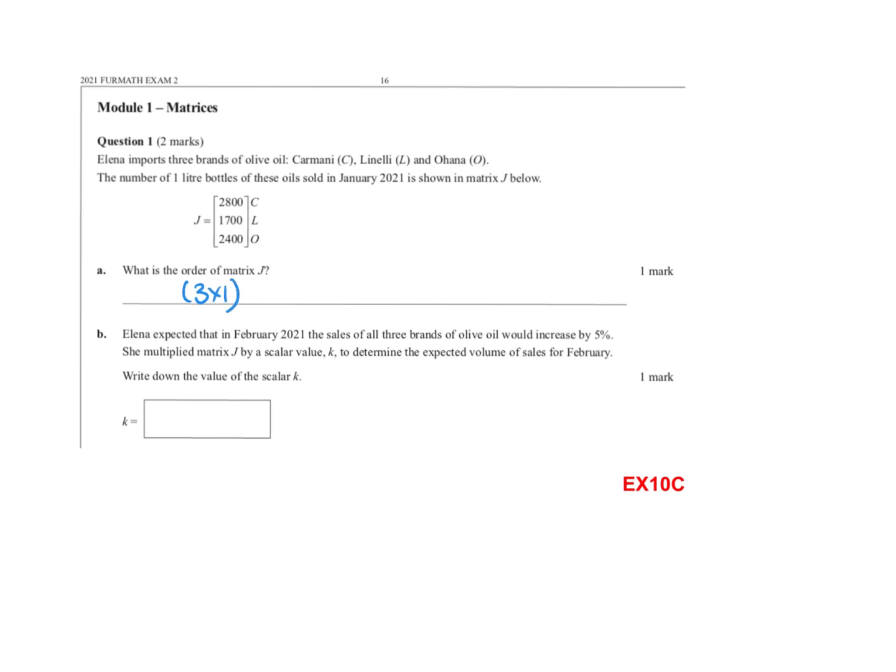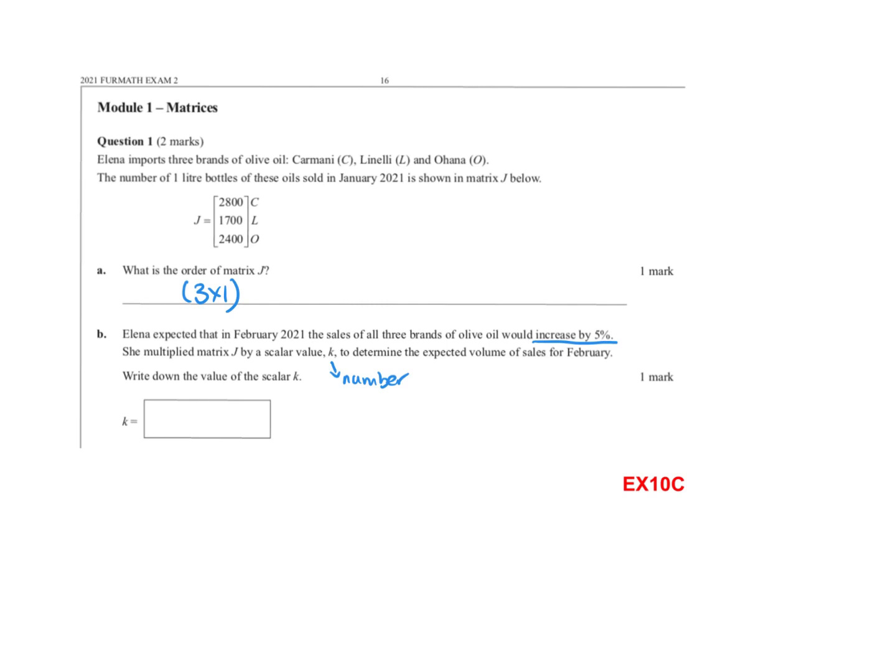Okay, Eleanor expects that in February, the sales of all the brands of olive oils will increase by 5%. She multiplied the matrix J by a scalar value K. So that means K is just a number, yeah? To get the new sale numbers for February.